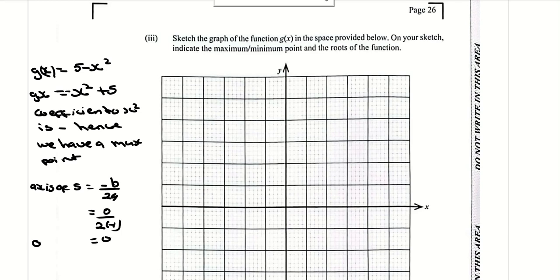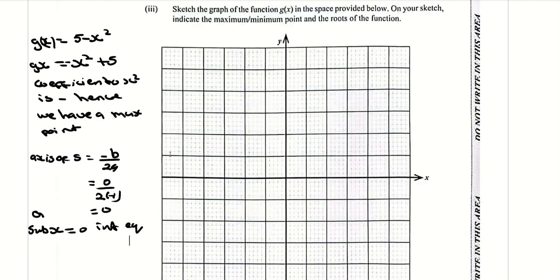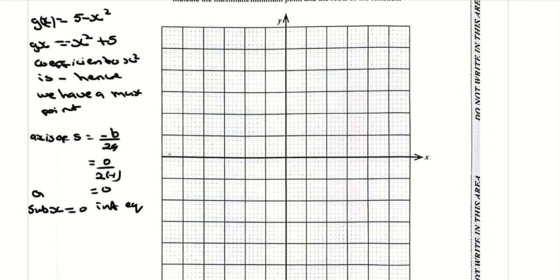So because your axis of symmetry is 0, you're going to substitute x equals 0 into the equation to get your maximum point. So g of 0 is going to be minus 0 squared plus 5, which is equal to 5. So your maximum coordinate is (0, 5).